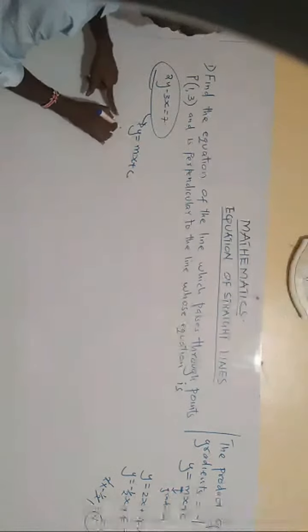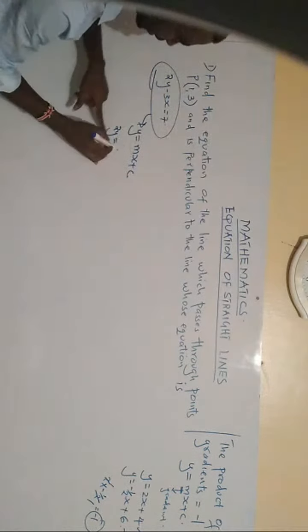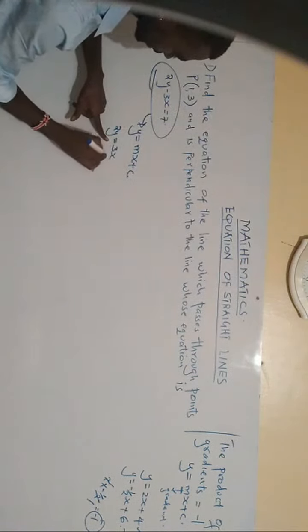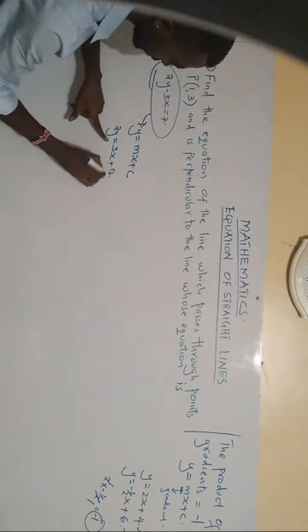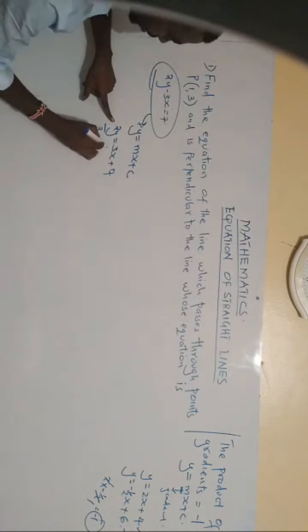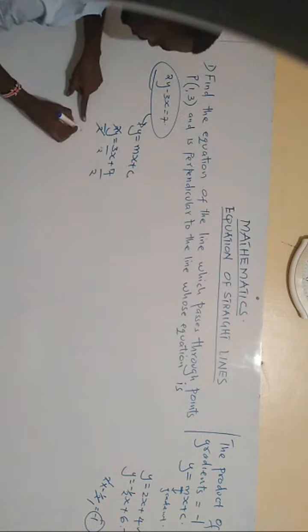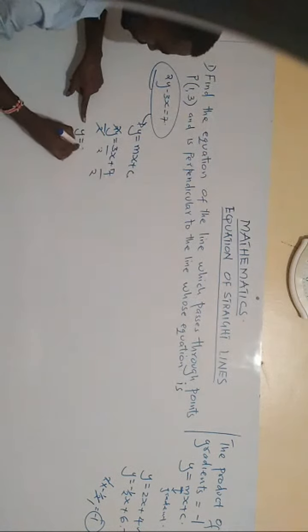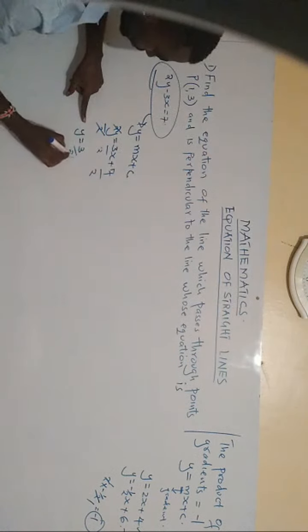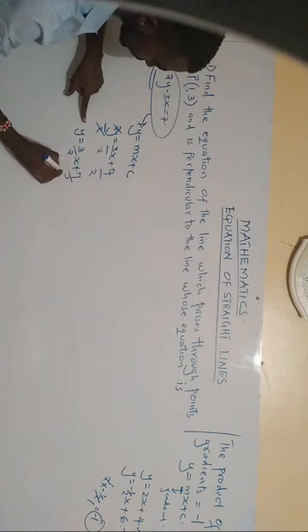It will simplify to 2y = 3x + 7, moving the -3x to the other side to be positive. Make y the subject by dividing by 2. So it will be y = 3/2 x + 7/2.